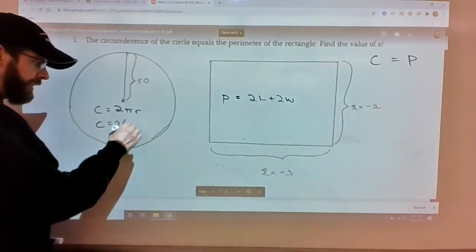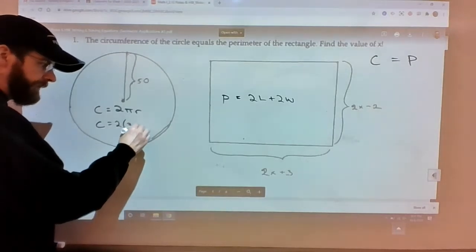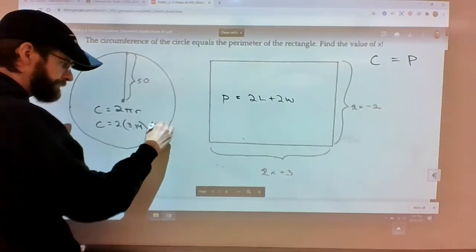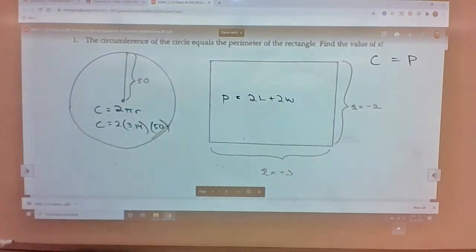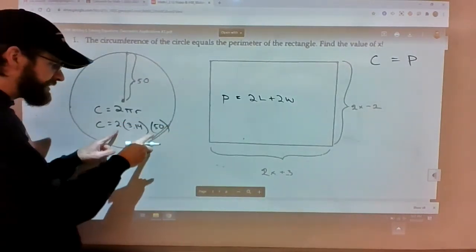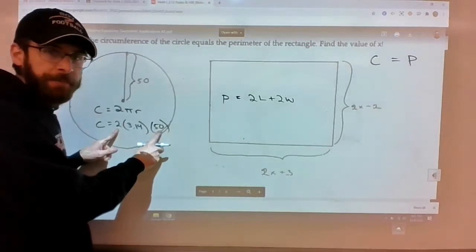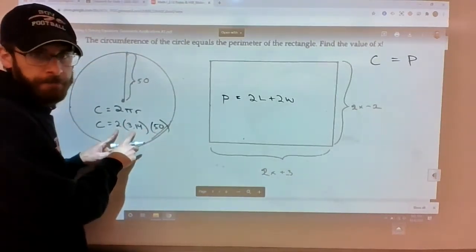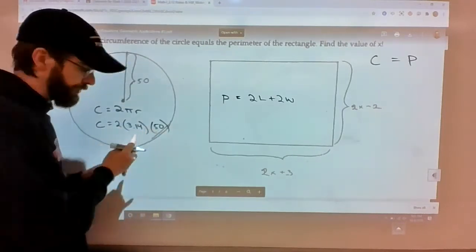So I'm going to plug in 3.14 for pi. My radius is 50. And right away I see 2 times 50 is going to be a much easier calculation than 2 times 3.14. 2 times 50 is 100.